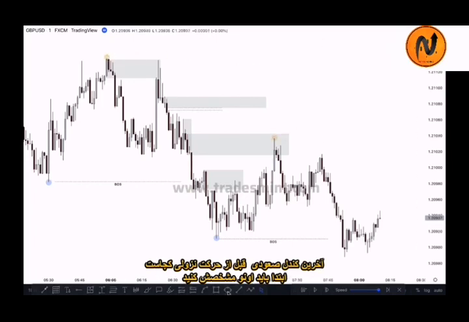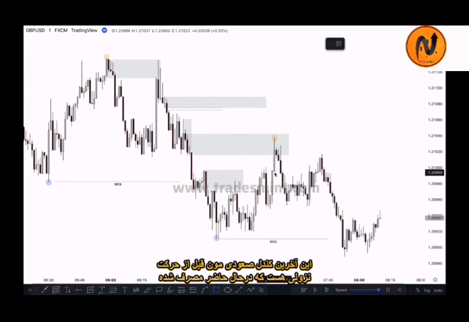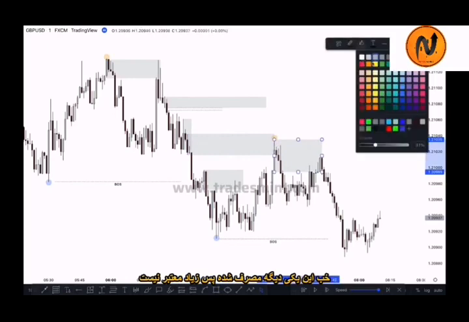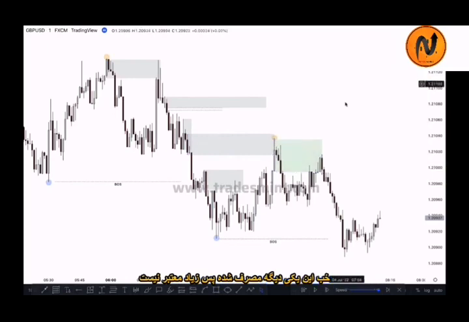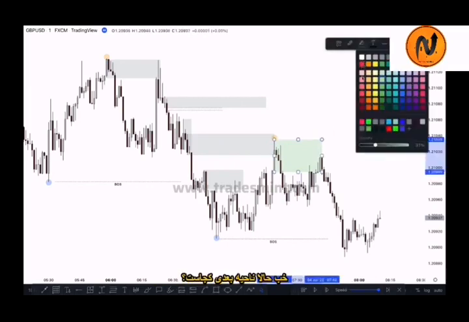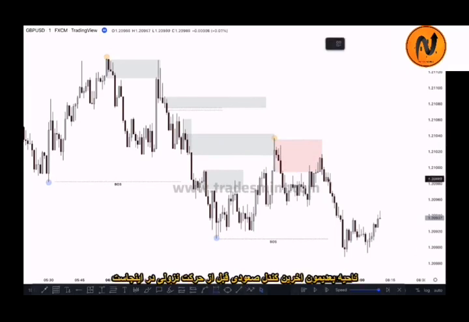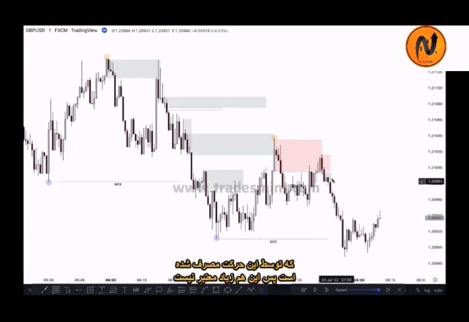First thing, this was the last buying candle before the sell, which is already mitigated, right? So this one is already mitigated, so it is no longer valid here, right? So where is the next zone? Next zone is here, this candlestick, last buying candle before the sell, which is already mitigated by this move, correct? So this is also not valid.